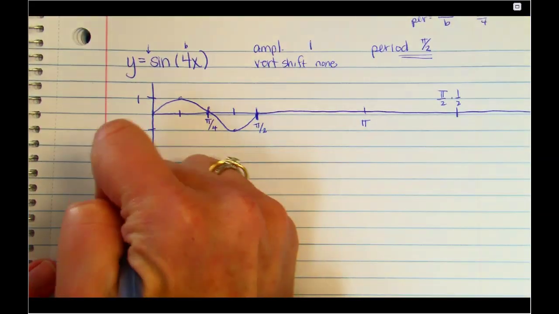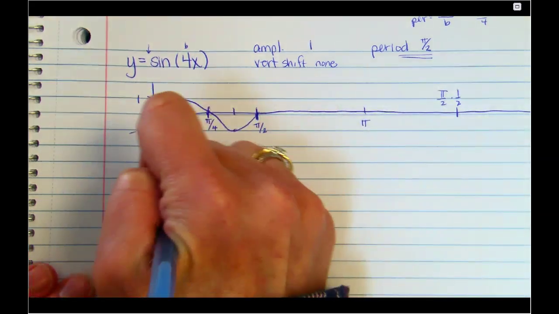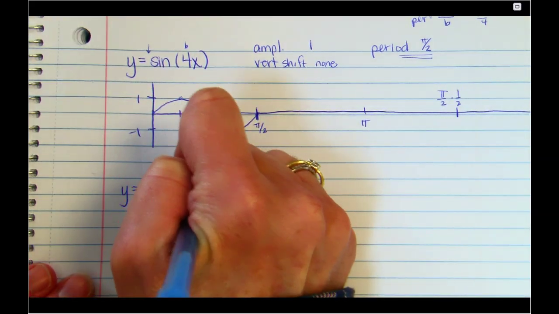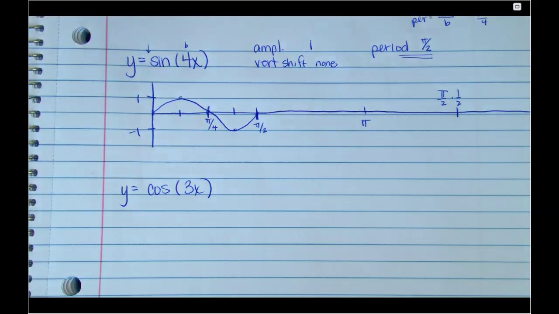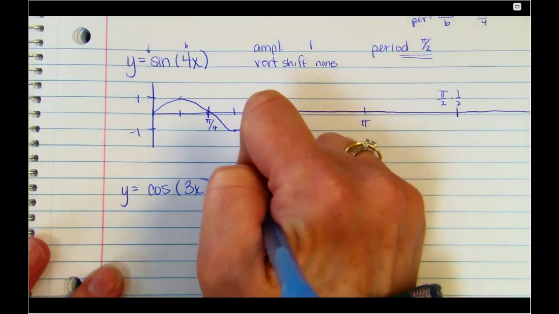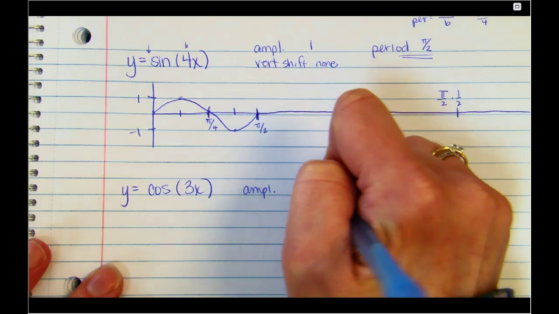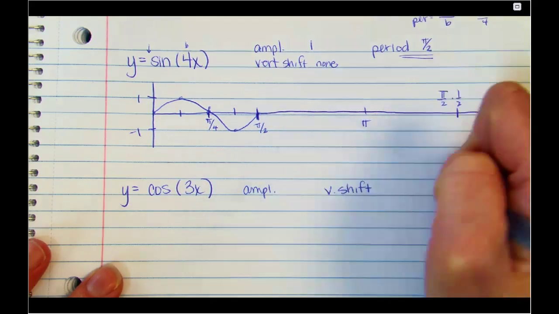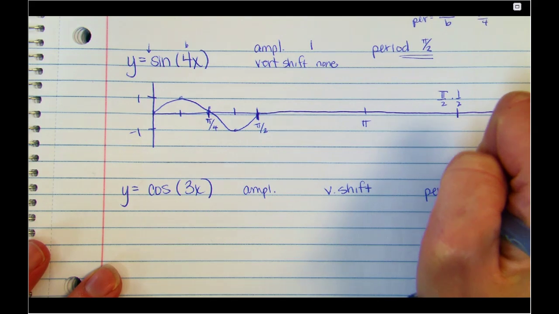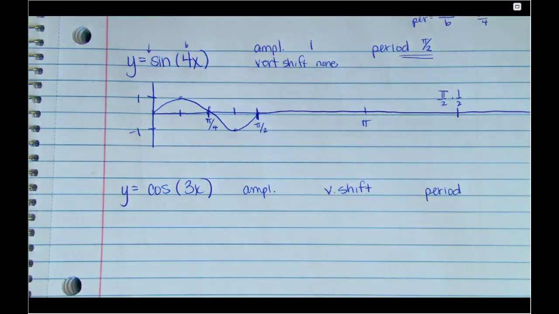Why don't you try for me, or let's try cosine of 3x. You got this. We're going to find amplitude, vertical shift, and period again.